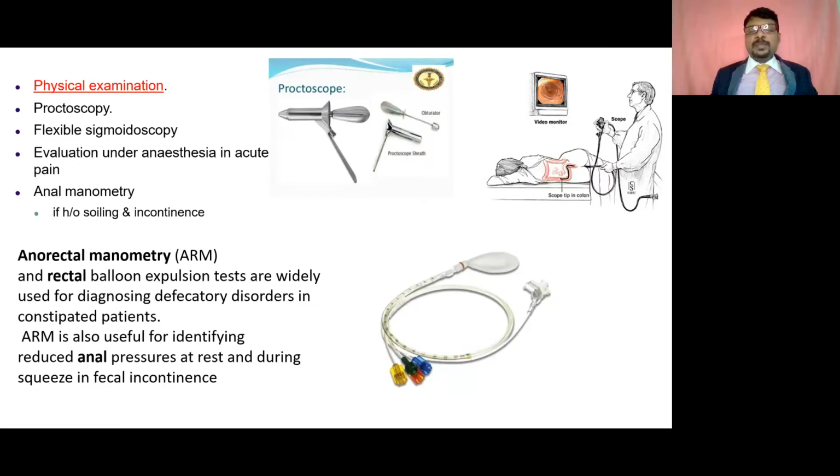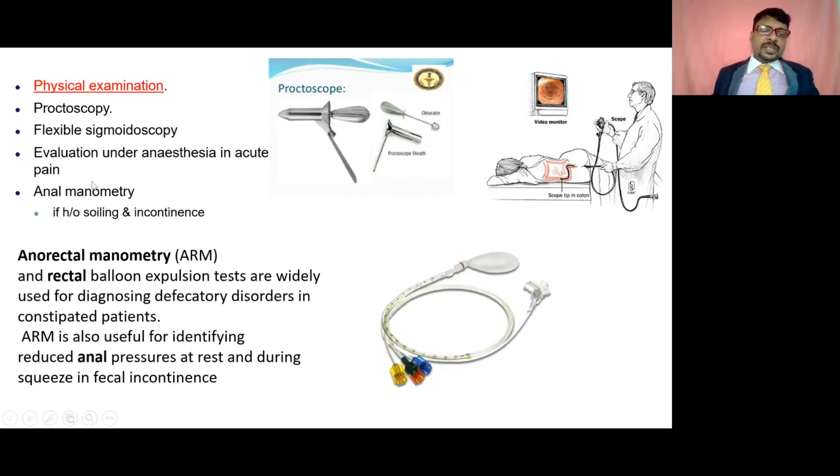This flexible sigmoidoscopy is nothing but a small catheter with a video. We assess the rectum, anus, and also the colon, to see whether there are any complications such as carcinoma or any other enlargements. We find these with these investigation procedures.